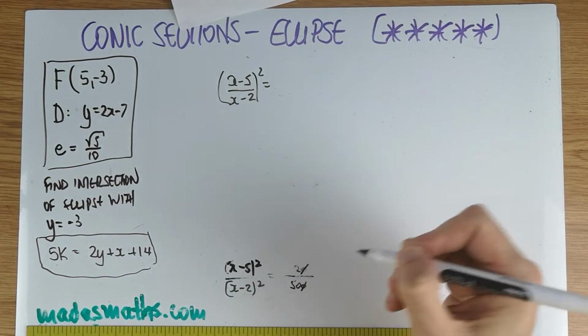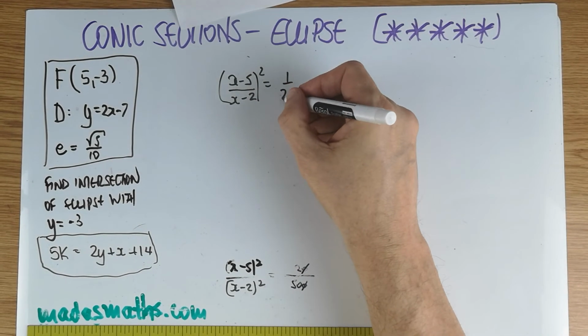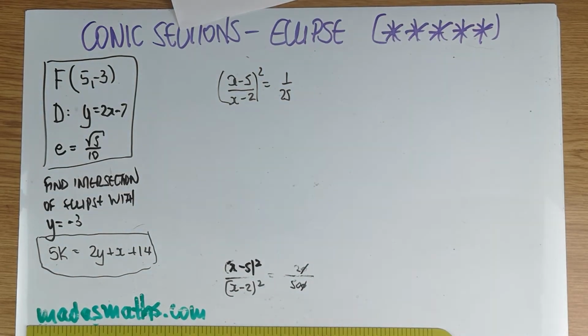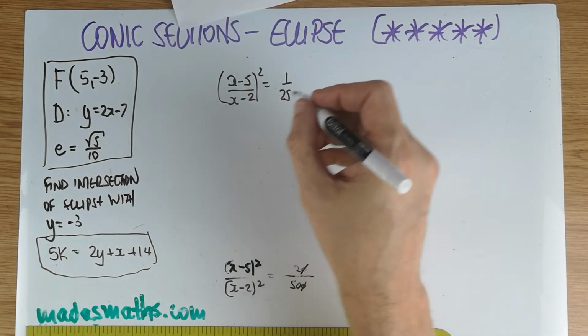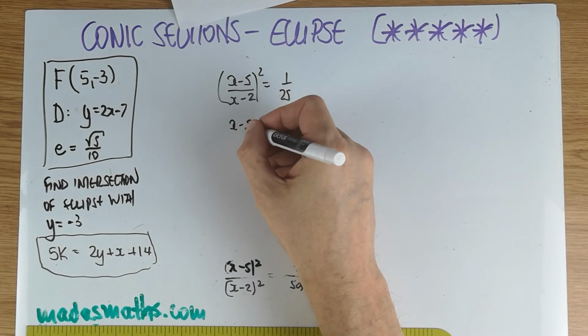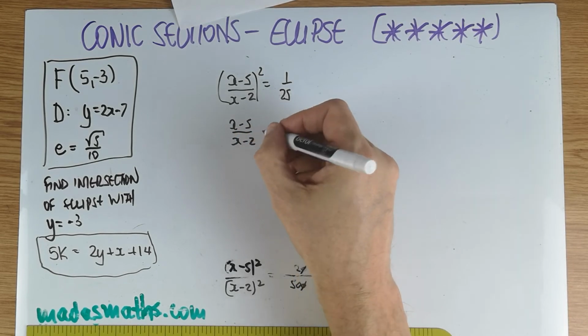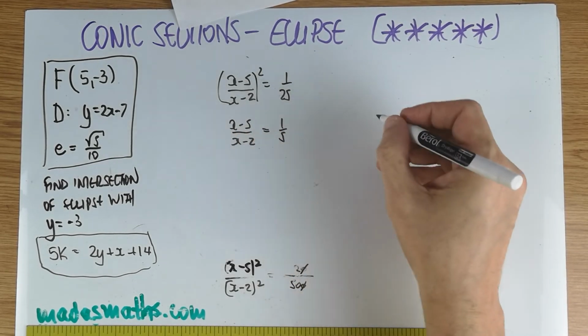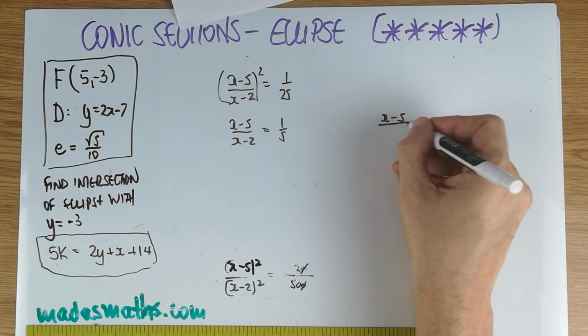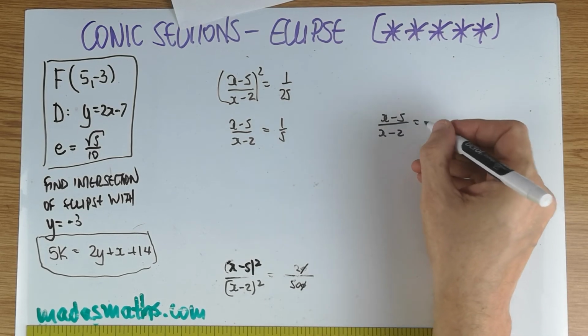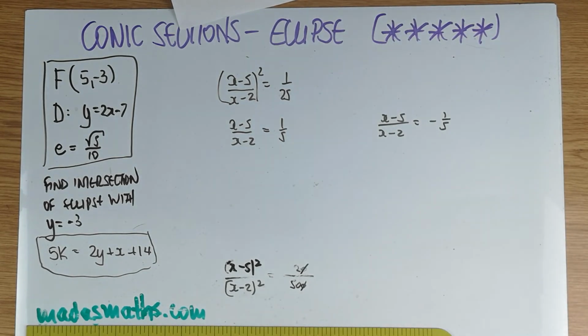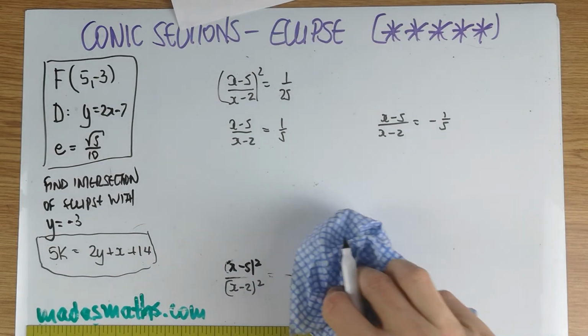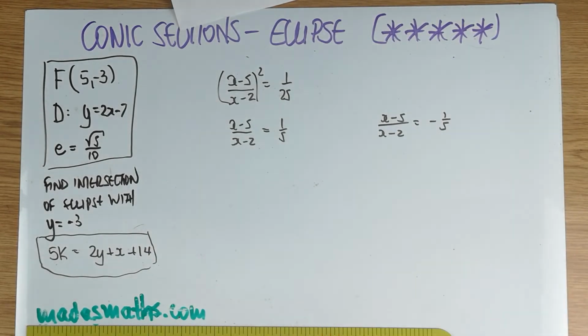That's going to be 20 over 500, which is 1 over 25, which is good news, because this will now give us nice numbers. (x minus 5) over (x minus 2) is 1/5, or of course, (x minus 5) over (x minus 2) is equal to minus 1/5, because we've got to have 2 pairs of coordinates.